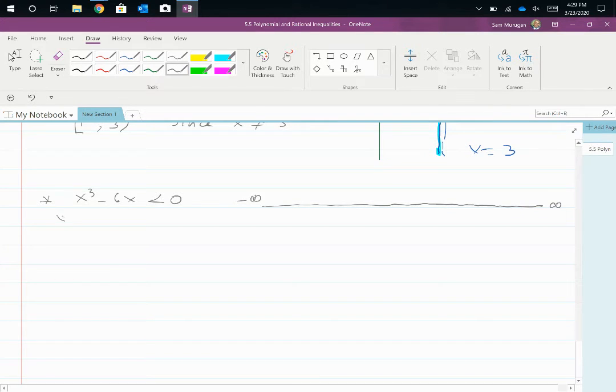We need to factor this, so this is x squared times x minus 6. The intercepts occur at 0 and 6. We've got 3 separate intervals here: negative infinity to 0, 0 to 6, and 6 to infinity.